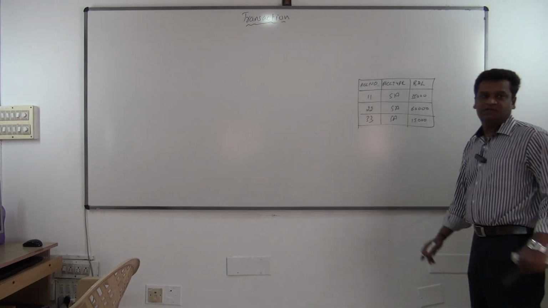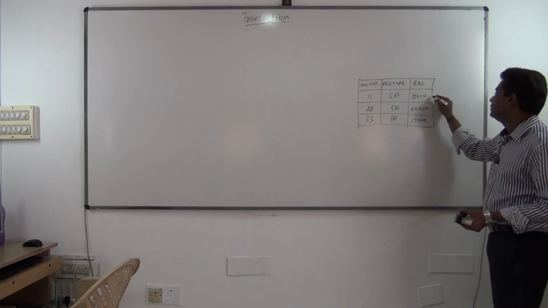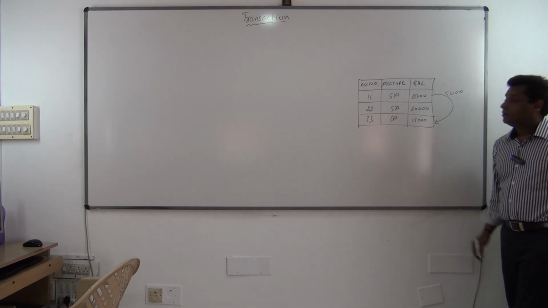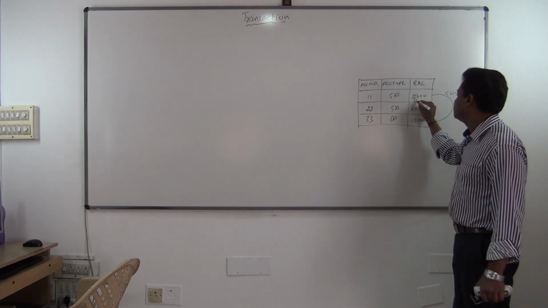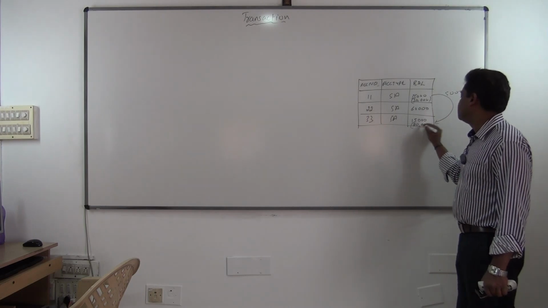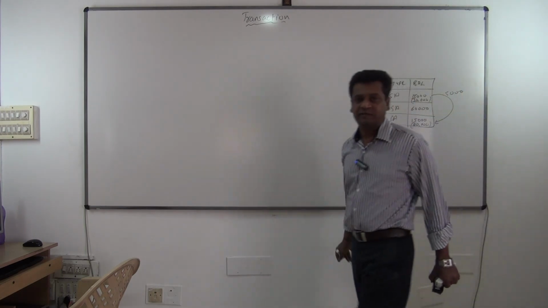So I want to transfer some money from account number 11 to account number 33, 5,000 rupees. Finally, after transferring, what will be the balance here? 30,000, and here it will be 20,000. It should be updated after you transfer.